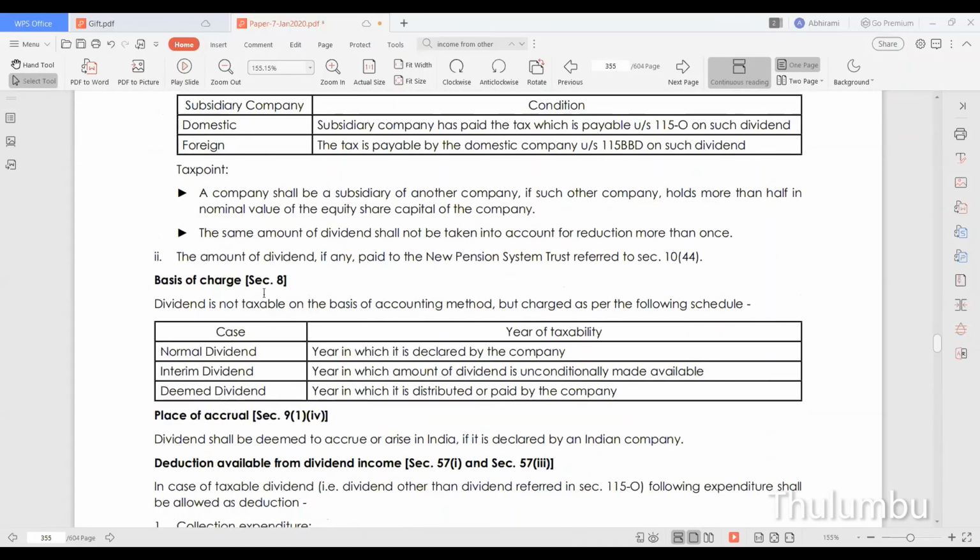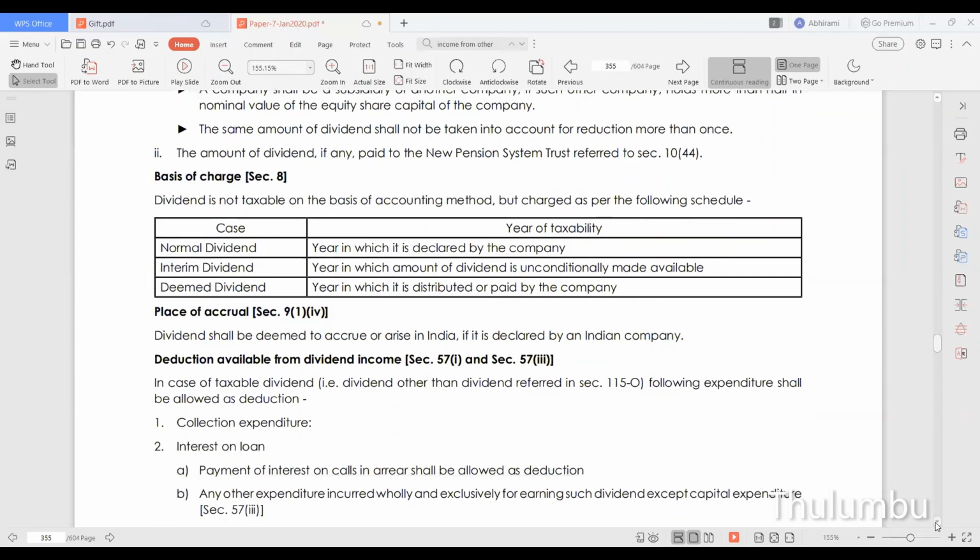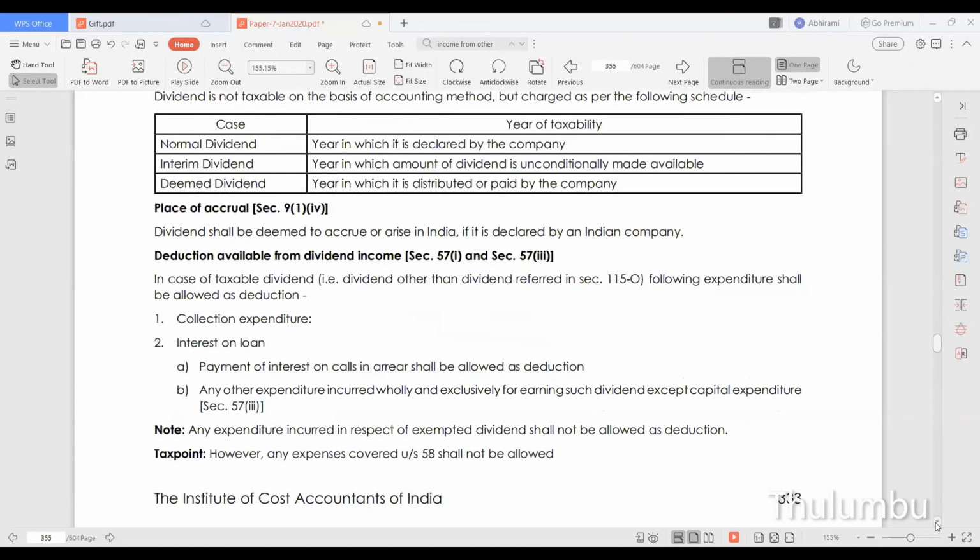Then we have the definition of normal dividend and interim dividend. What deductions are available: collection expenditure, interest on loan on securities, and any other expenditure.